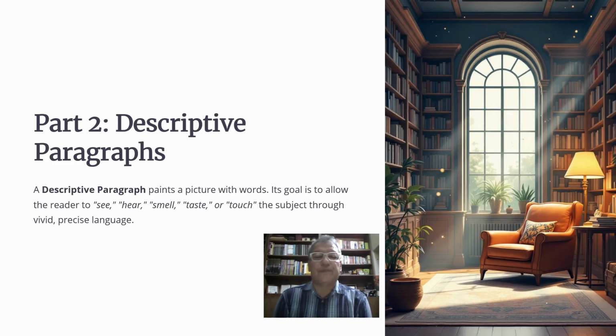Part 2. Descriptive paragraph. A descriptive paragraph paints a picture with words. Its goal is to allow the reader to see, hear, smell, taste, and touch the subject through vivid language.